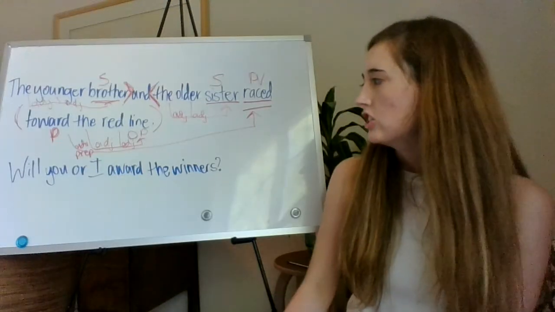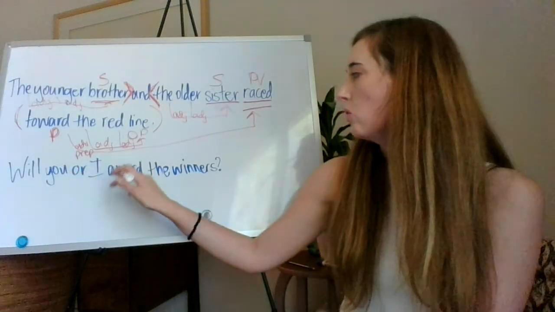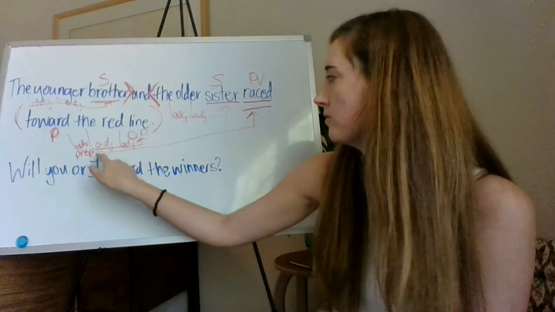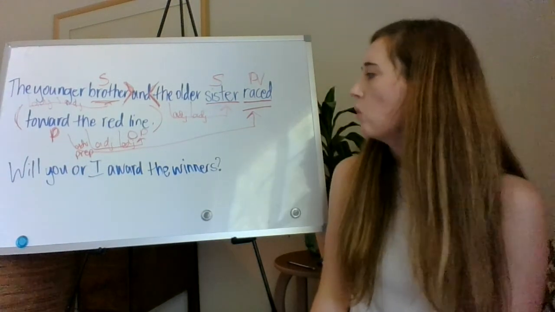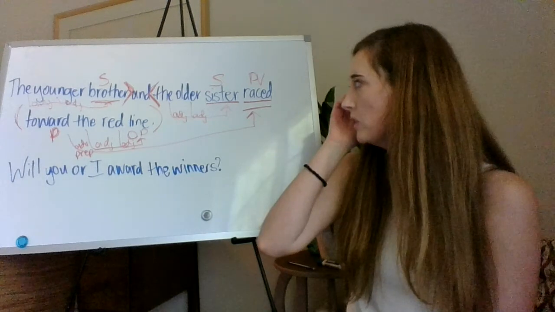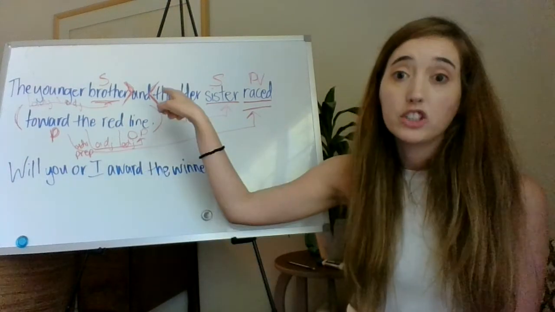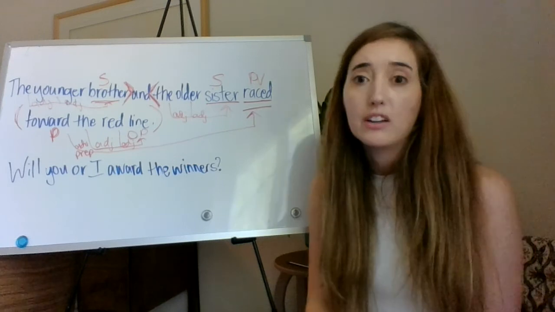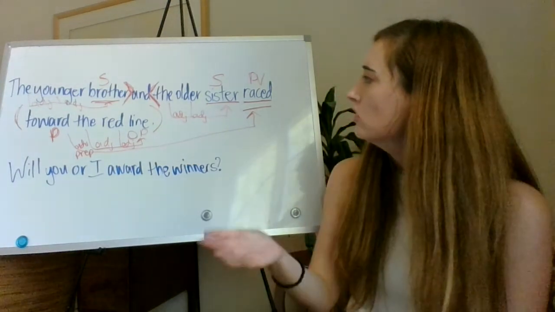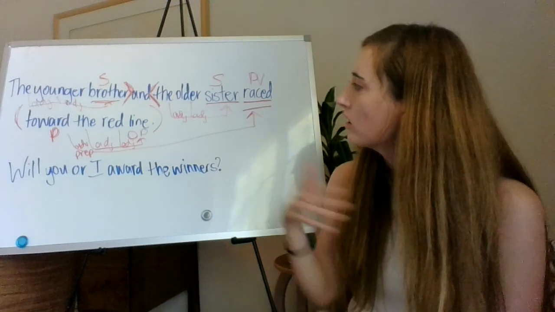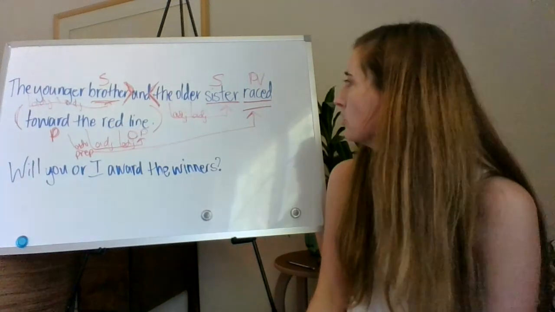Let's move on to sentence 2 now. Will you or I award the winners? Let me clean that up. Okay, will you or I award the winners? Picture what's happening here. It really goes with the first sentence. Not that it matters much, but I think it makes it a little bit more logical. So, will you or I award the winners of this race, we're assuming.